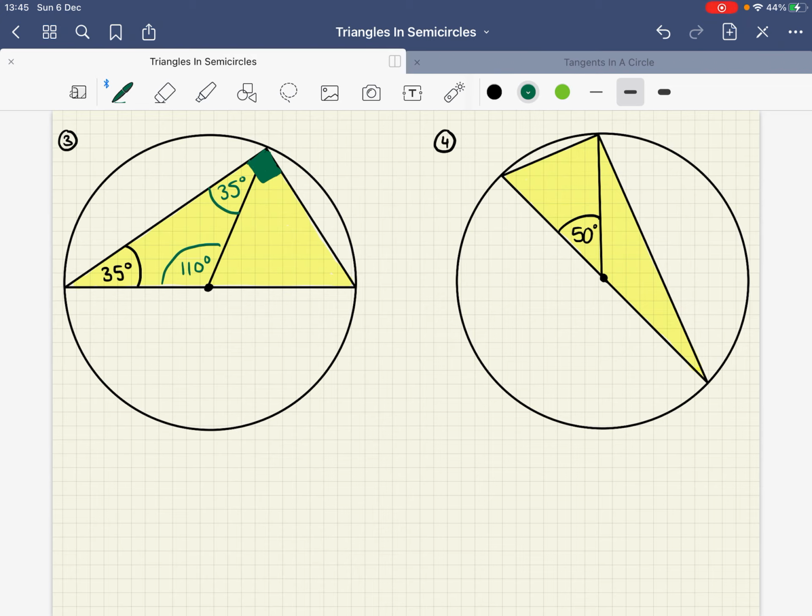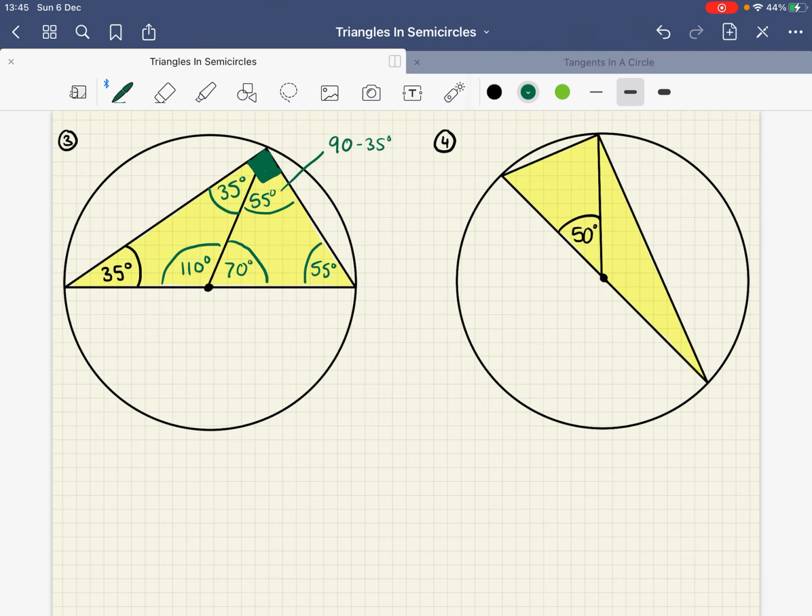So because that's at 90 degrees, this other angle here is going to be 90 take away 35 degrees, and so that is just going to be 55 degrees. So this angle here is also 55 degrees, and then when I find my last angle, add them up, gives me 110, 180 take away 110, that's going to give me 70 degrees in there.